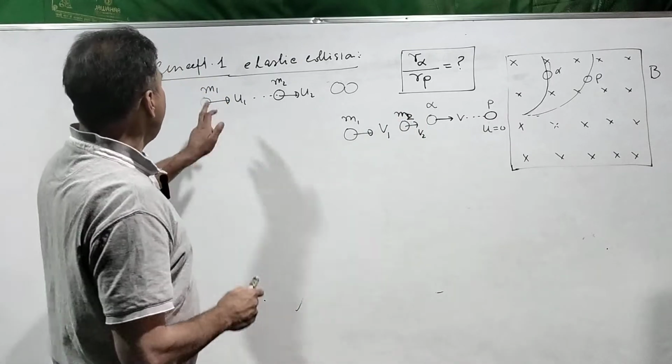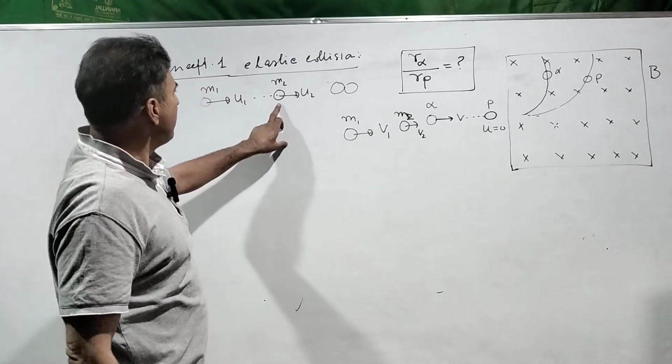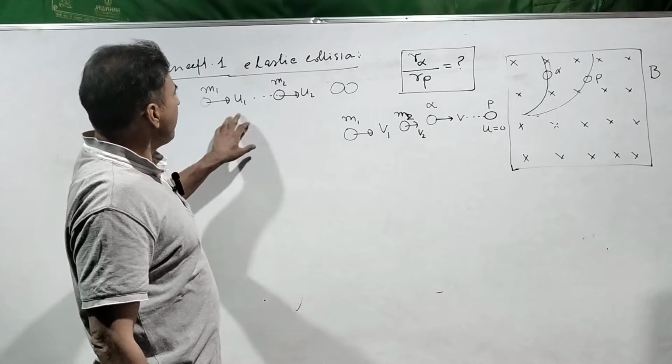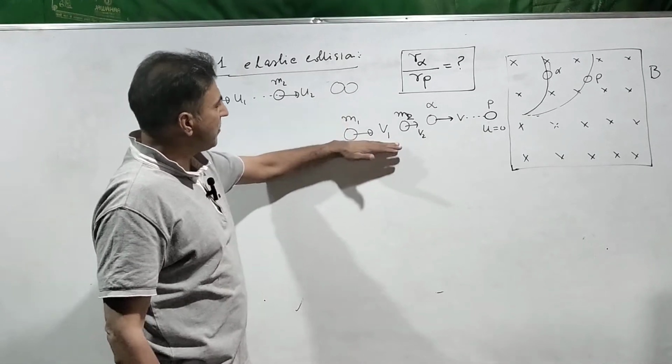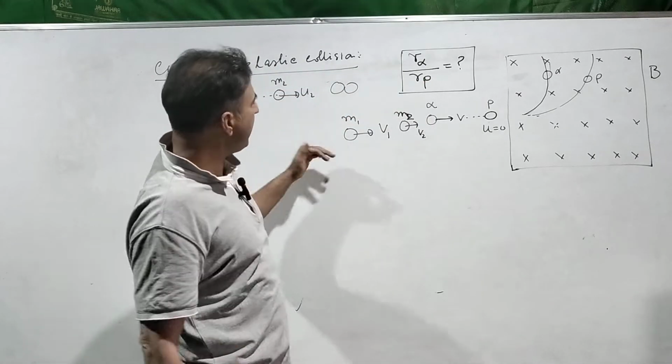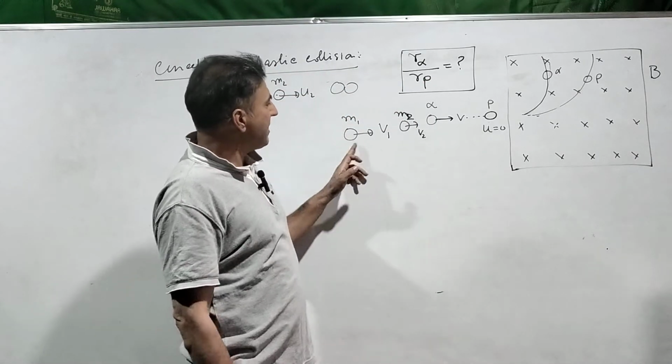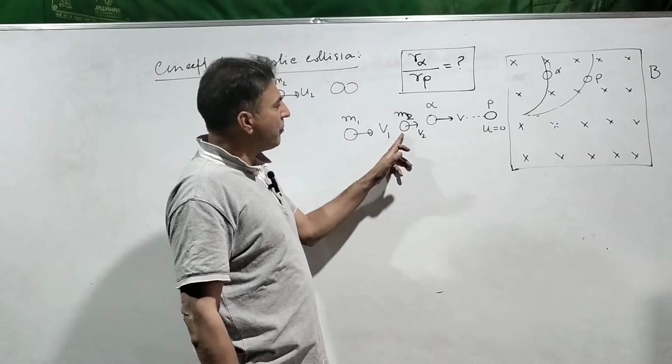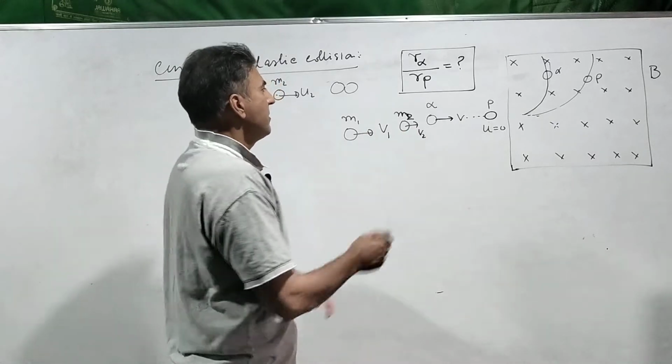It is a one-dimensional, head-on collision, and m1 has a velocity v1 finally, and m2 has a velocity v2 finally, right?